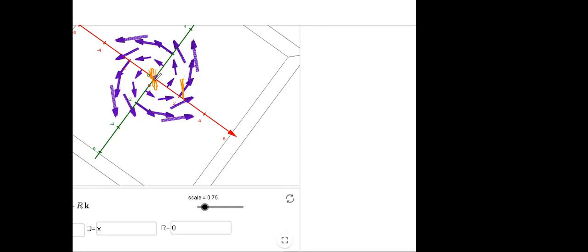So actually curl gives you the measurement of the circulation of a vector field. It is different at different points. At this point it seems like curl gives you a maximum value at the origin compared to any other point.